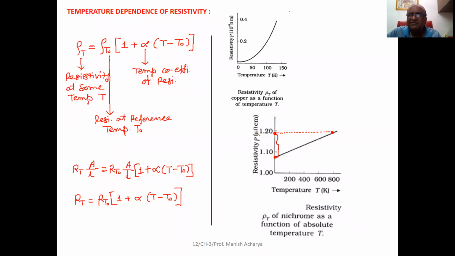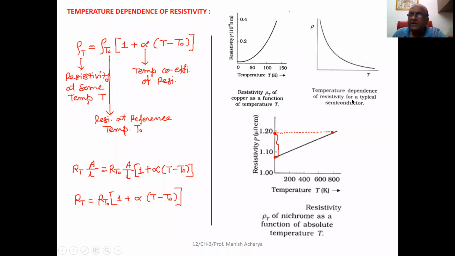This much small variation takes place. So we can say at room temperature, in the laboratory when we perform simple experiments, we can consider the resistivity of alloys almost independent of temperature. Clear to all of you, beta?